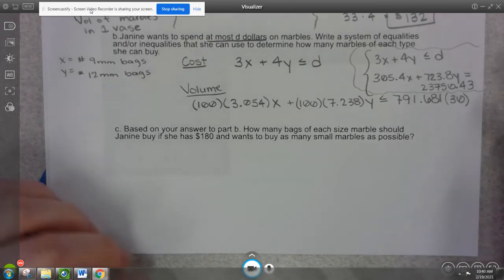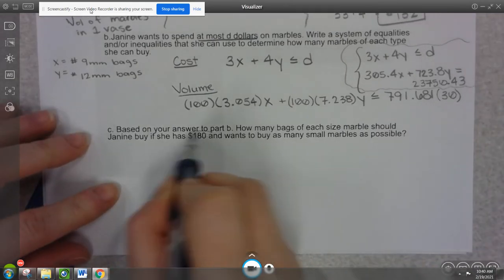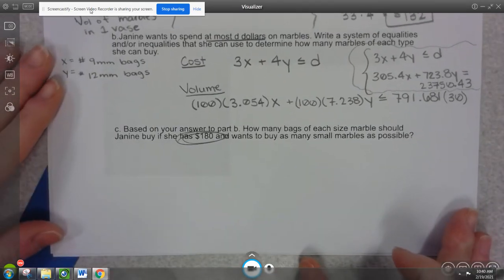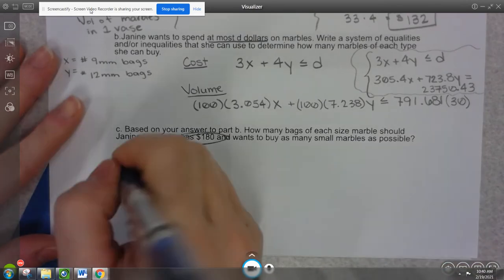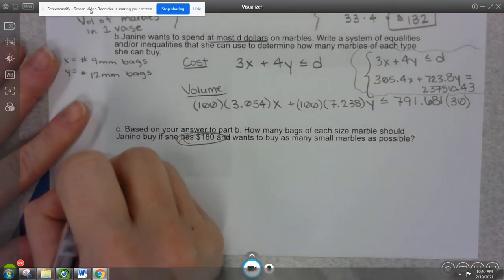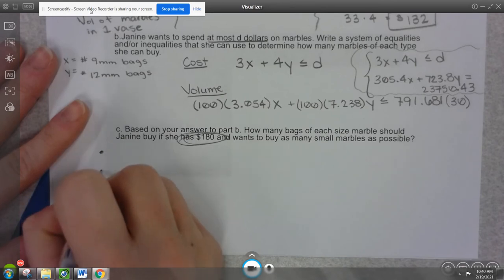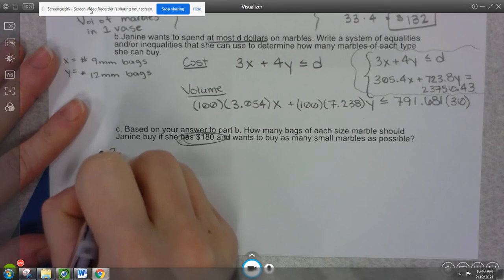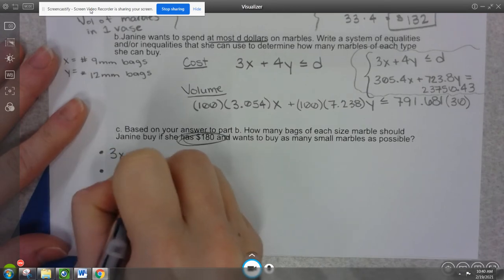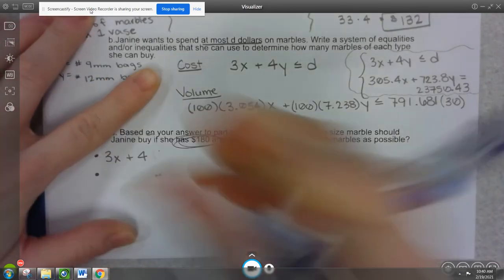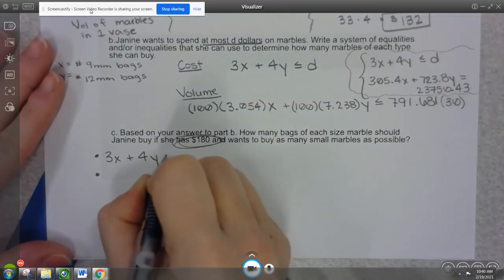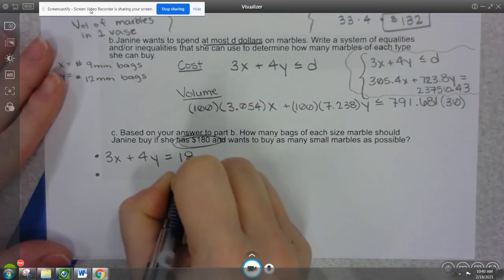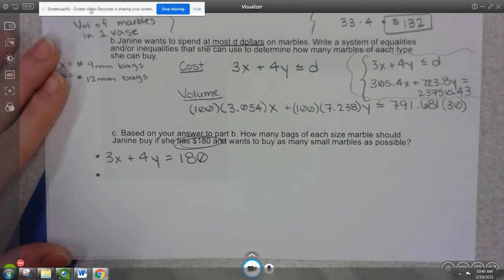All right, so I'm going to use this to figure out if she has $180, what she could buy of each marble. So I'm going to go into Desmos, and I'm going to do two different equations. The first equation is going to be my cost equation. So 3x plus 4y, not 4d, 4y, being equal to the amount of money I want to spend.